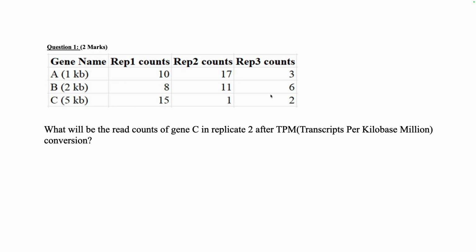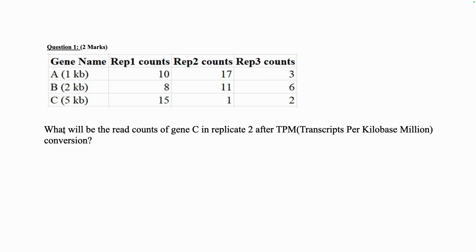In question number 1, what is given? We are given three genes with their lengths, and we have the read count data from three replicates. This is from the same sample, but we have three replicates of it, and after the sequencing, we got these read counts from each experiment.